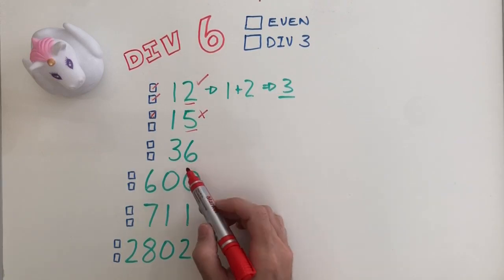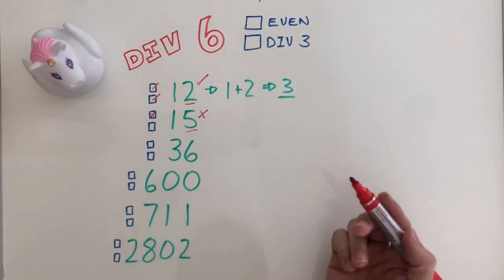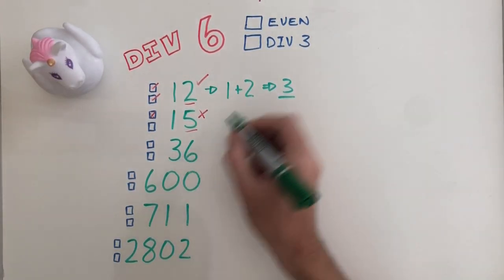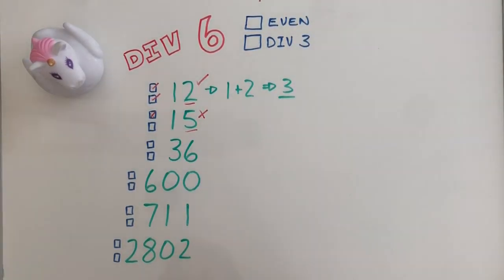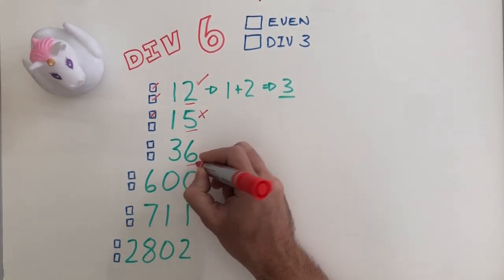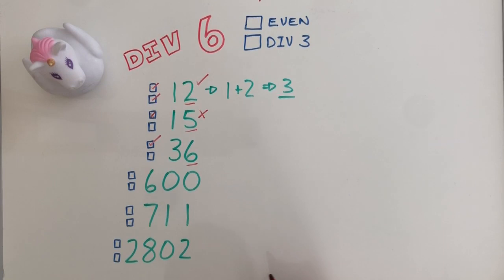Okay, for the next one, 36. I know 6 times 6 is 36, so it's expected that this works, but we can just run the test. The first test is whether it's an even number or an odd number. 36 is definitely an even number because 6 is even. So I know this will be divisible by 2. First test is true.